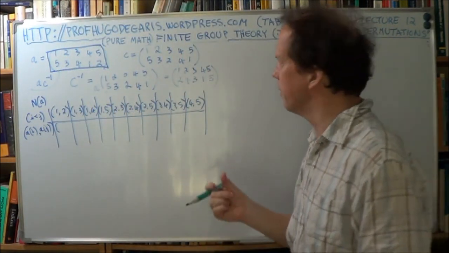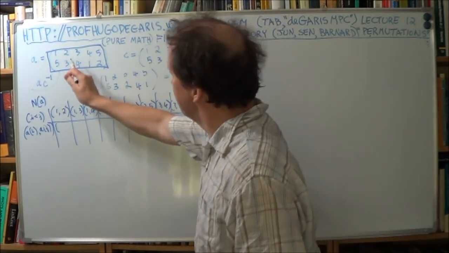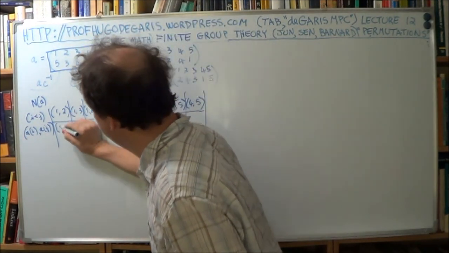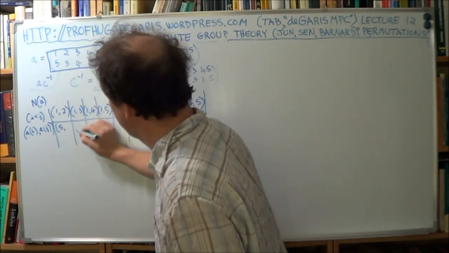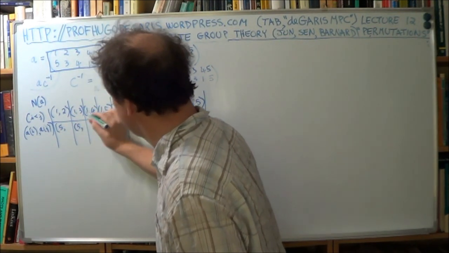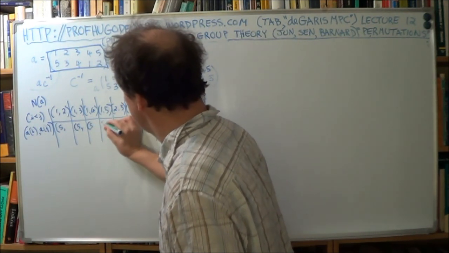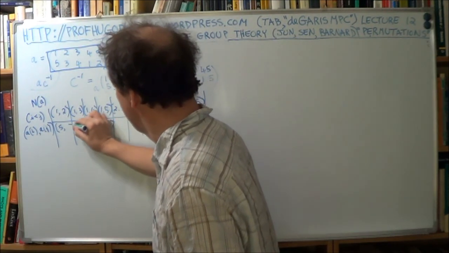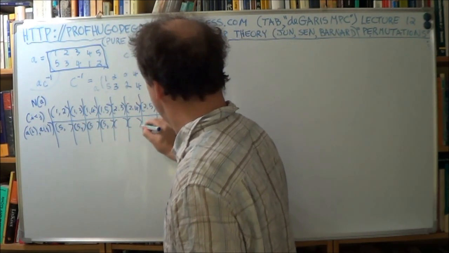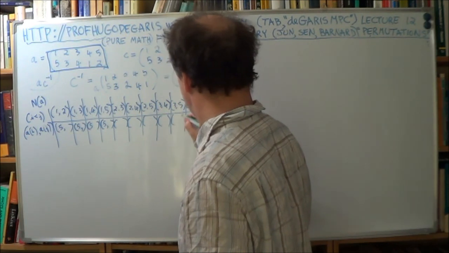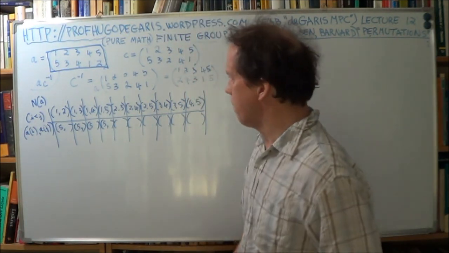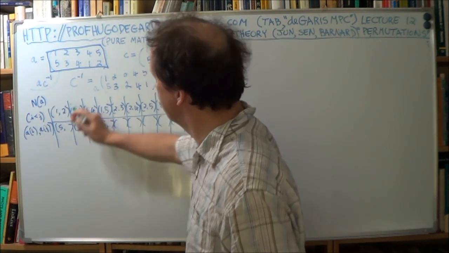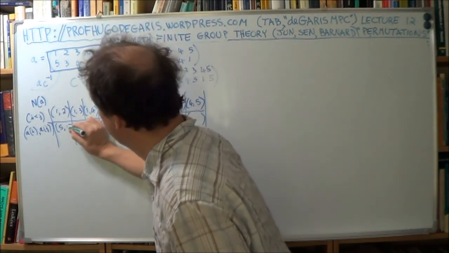So much easier to wipe up now with the new board. Great. Okay, so 1 permutes to 5. So wherever I've got a 1 here, just put a 5 there, so I'll do that systematically. Alright, now 2, what is A of 2? So 2 permutes to 3.